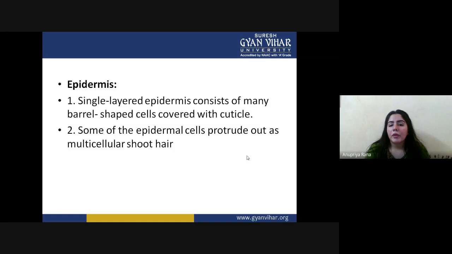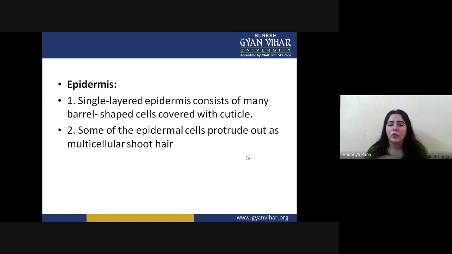A single-layered epidermis is present in the case of the dicot stem and consists of many barrel-shaped cells that are covered with cuticle. How do the cells look? They are barrel-shaped cells. These barrel-shaped cells present in the epidermis are covered with a cuticle.